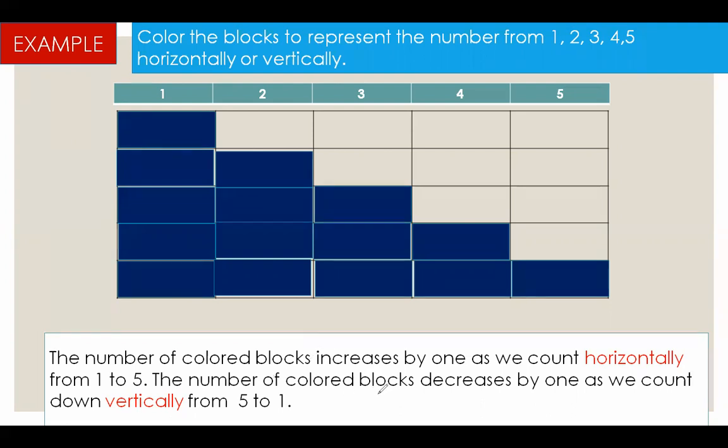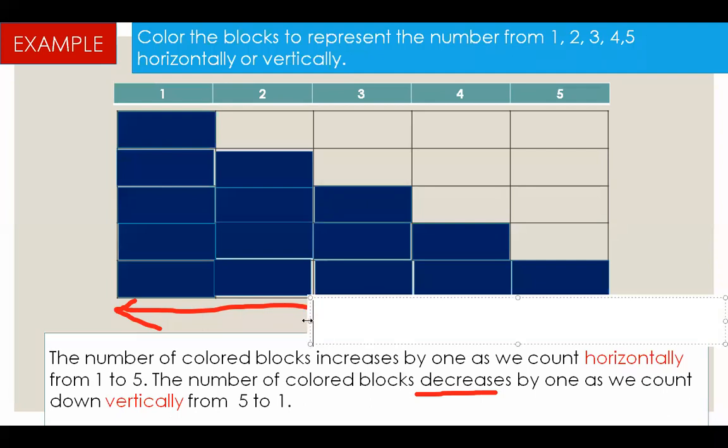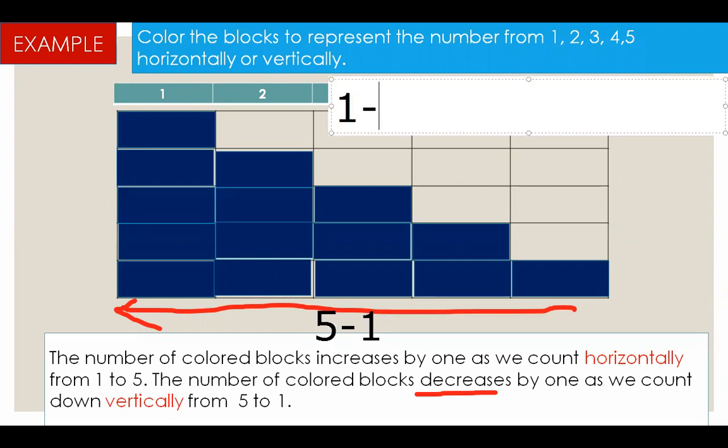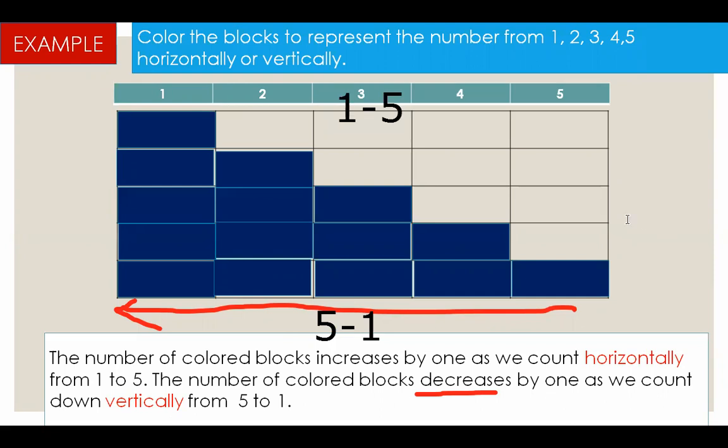The number of color blocks decreases by 1 as we count from 5 until 1. Okay? So you have to count from 5 until 1. And here, you have to count from 1 until 5. That's it, students. All right?